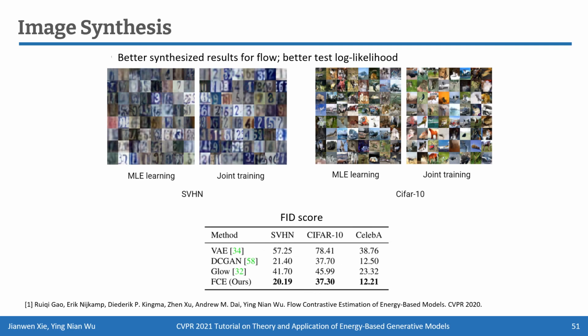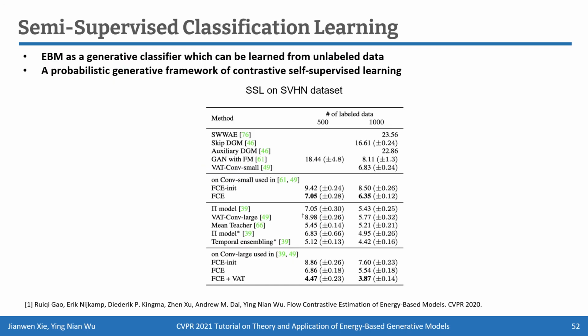And it can be used for image synthesis. In fact, it leads to better synthesis that improves upon a flow-based model, because you have an energy function to further regularize the flow-based model, and it generates better FID scores than the flow-based model. More importantly, this method can also be used for semi-supervised learning.